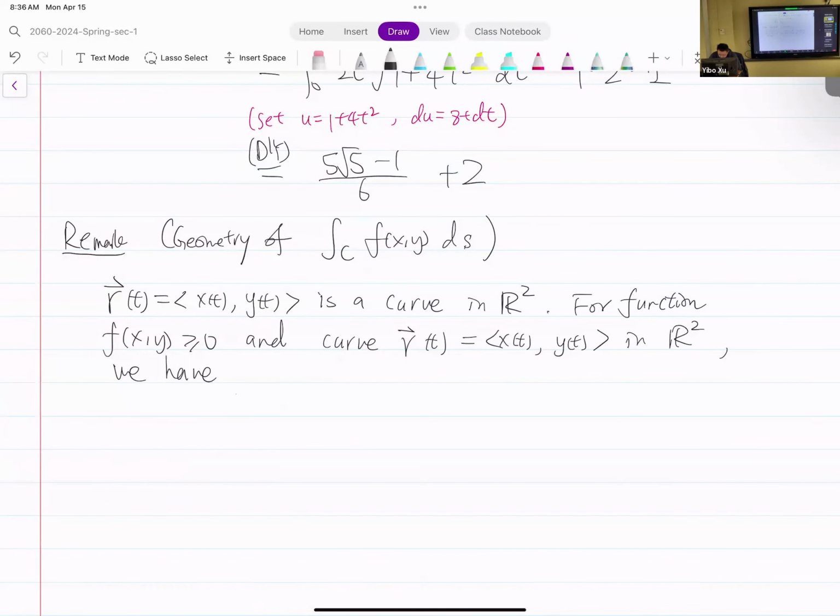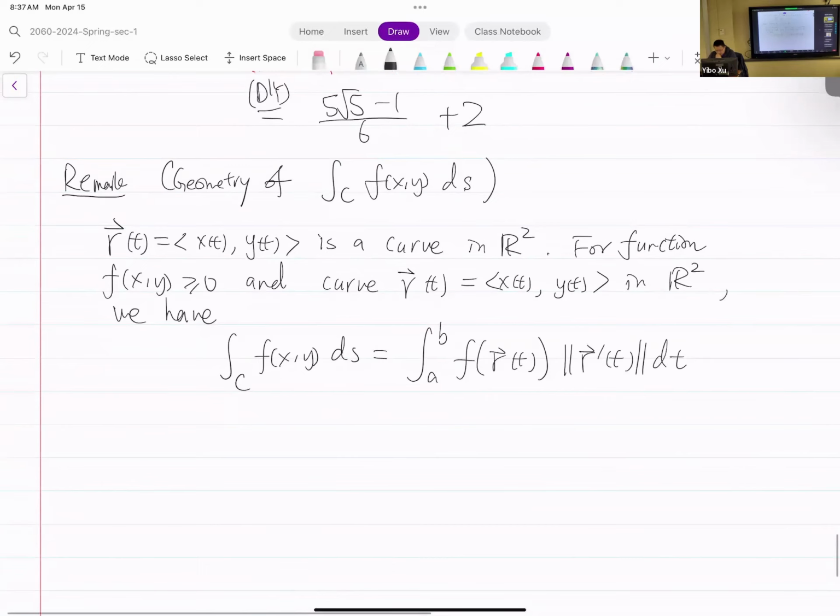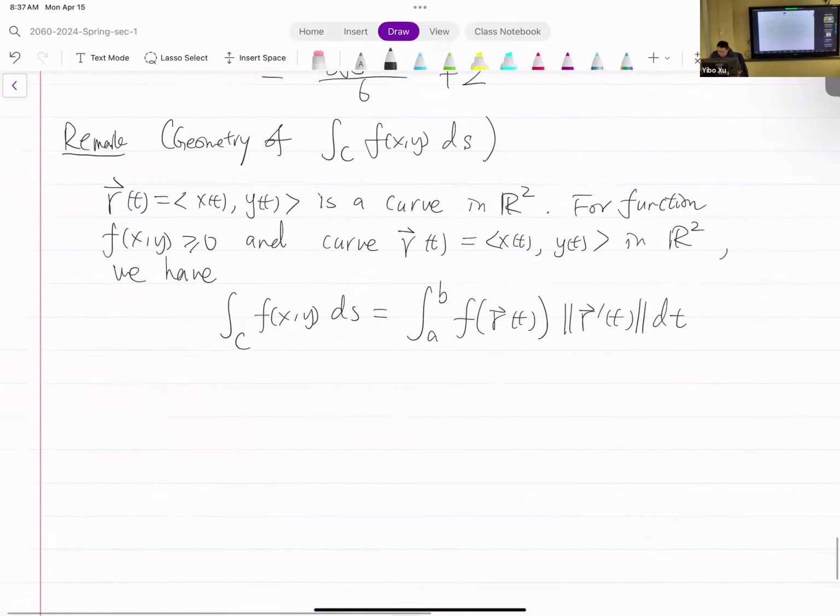So the line integral of f of xy is by definition the definite integral with respect to t of the evaluation along the curve multiplying by the way that you accumulate along the curve, the length part.